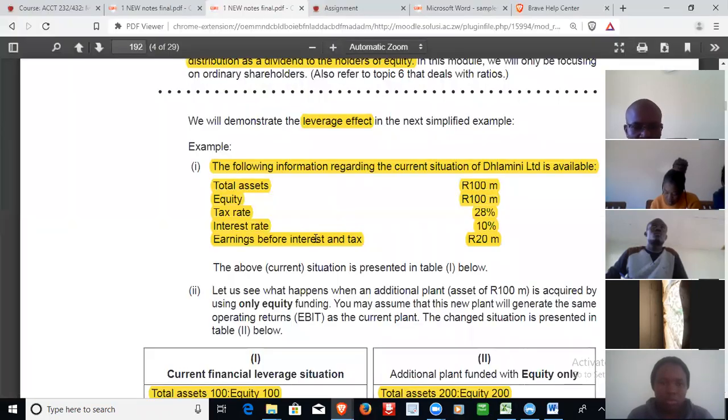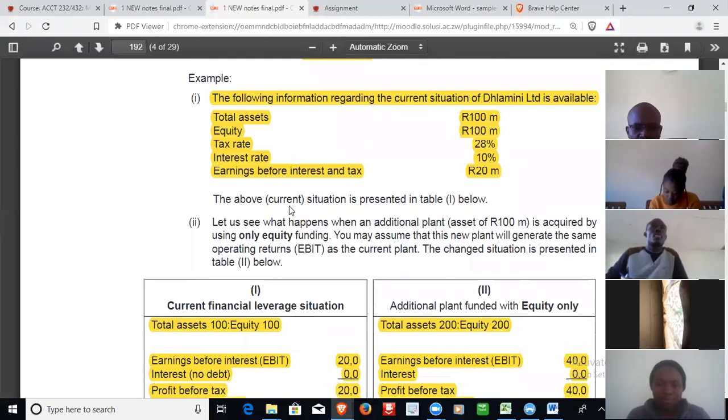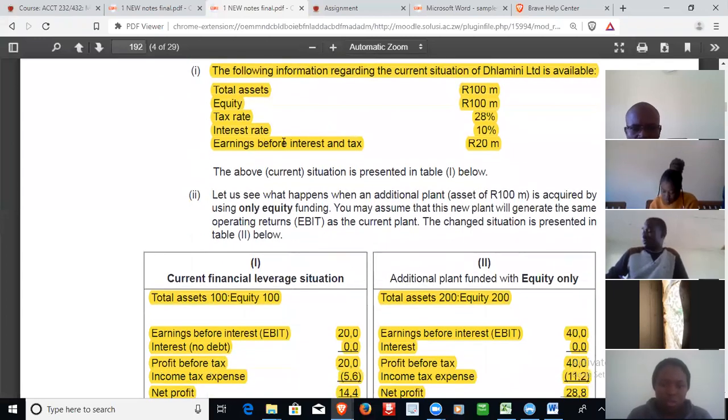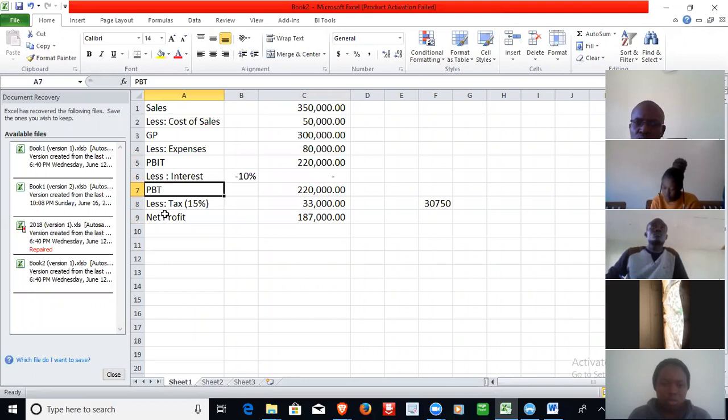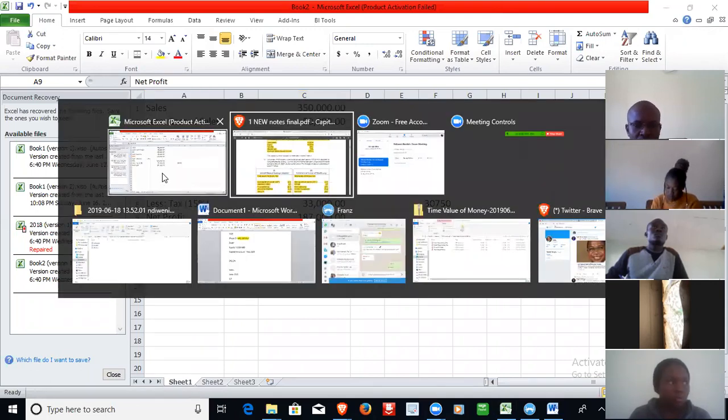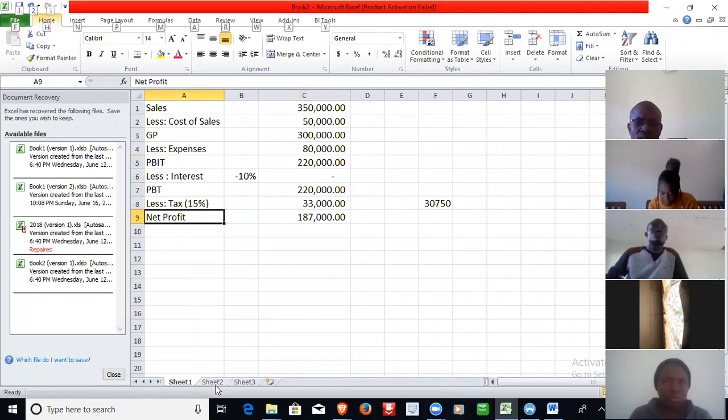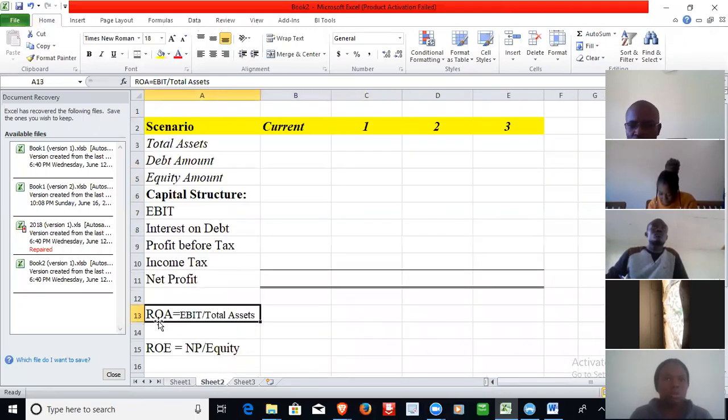So we are given the earnings before interest and taxes from using this asset. We want to calculate our profit before tax and also our net profit. After we are done calculating those, we also need to calculate the return on assets.